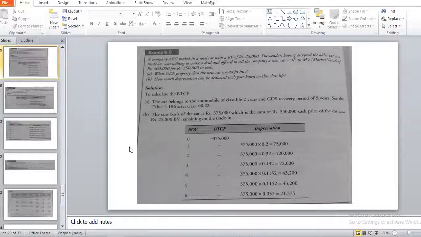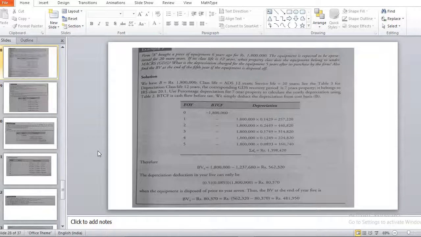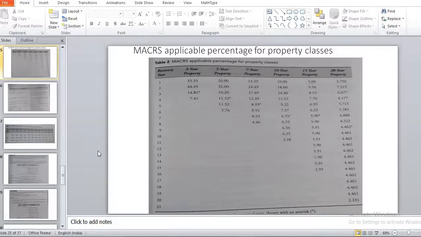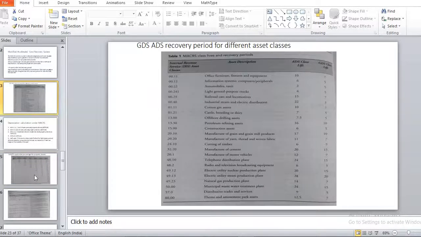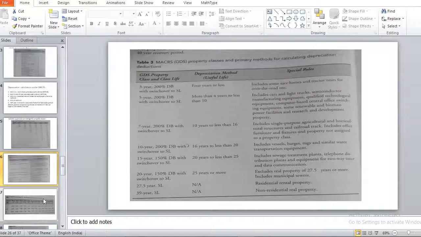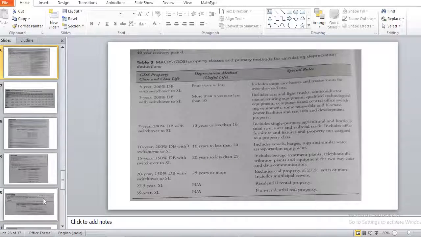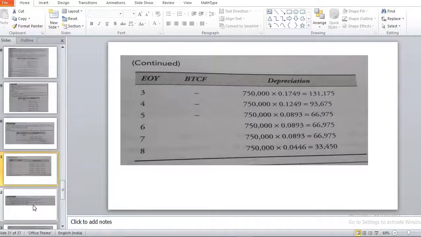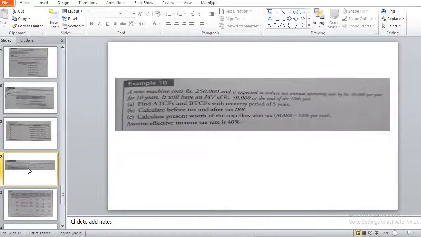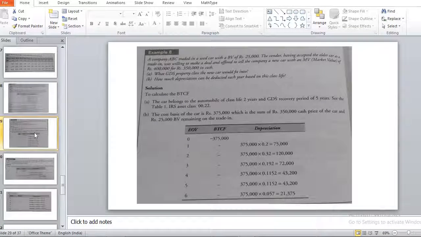These examples are based on these three tables, first, second, and third. From the tables we take the depreciation percentage and calculate the depreciation value. These come under the modified accelerated cost recovery system.